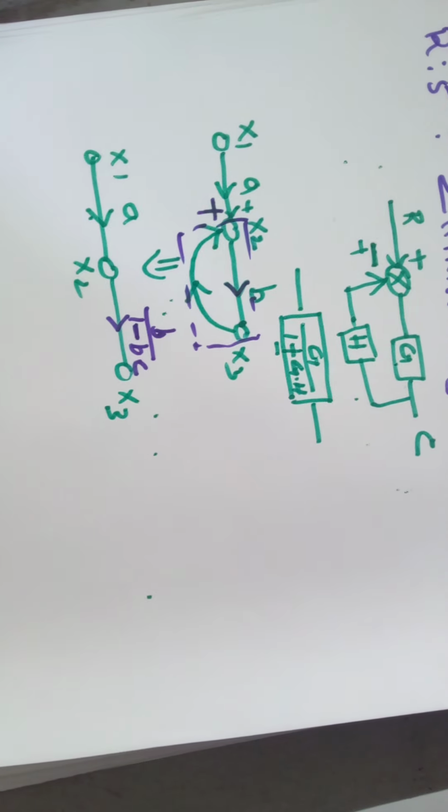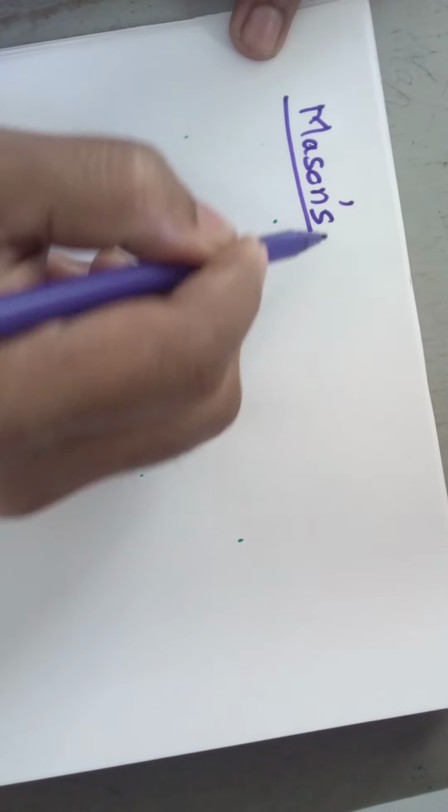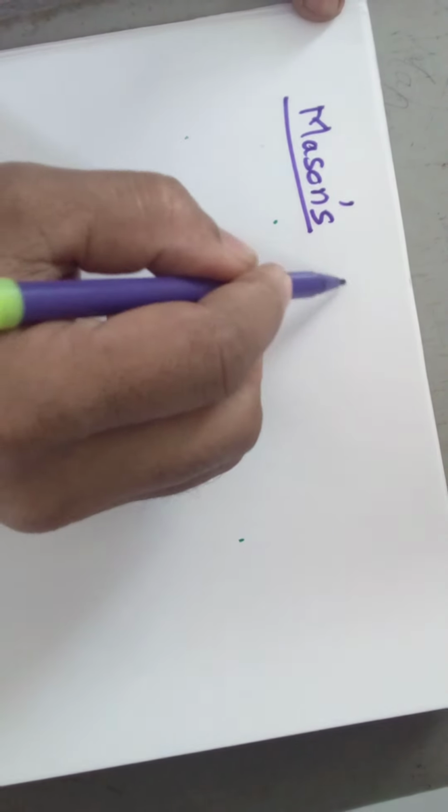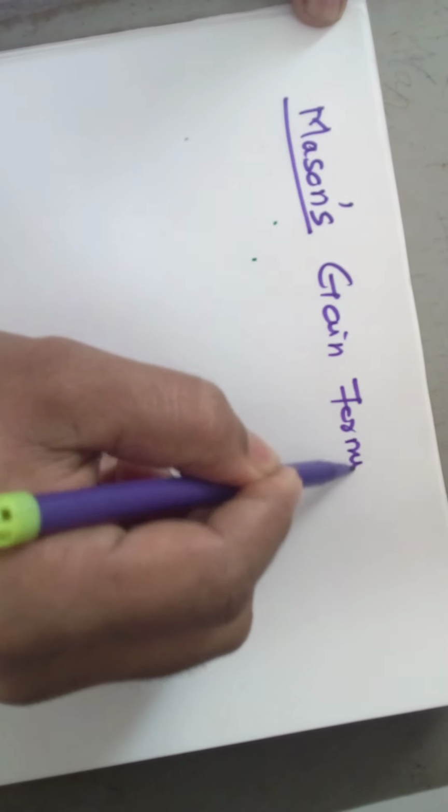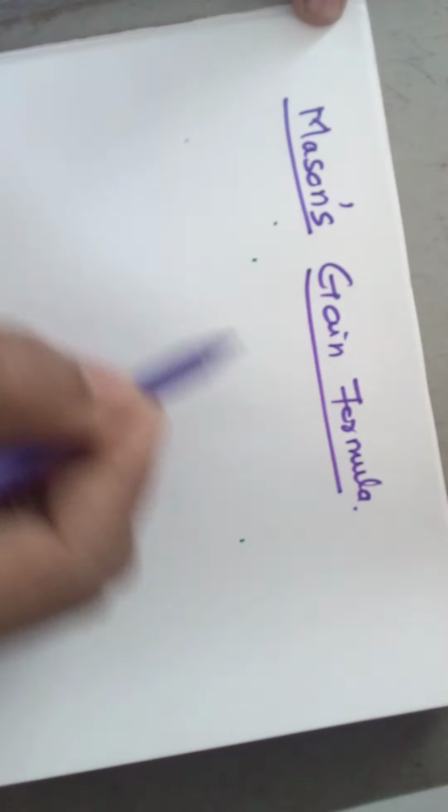The next one is Mason's gain formula. This signal flow graph was introduced by the scientist called Mason. He introduced a formula called Mason's gain formula. So what is this Mason's gain formula?